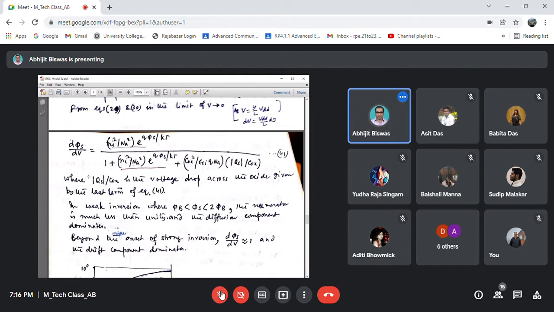It is very low. That is why the drift component of current is very low in the subthreshold region of operation. So then total current will be dominated naturally by the diffusion component of current, because the total current is the sum of drift component plus diffusion component. So now is it clear?